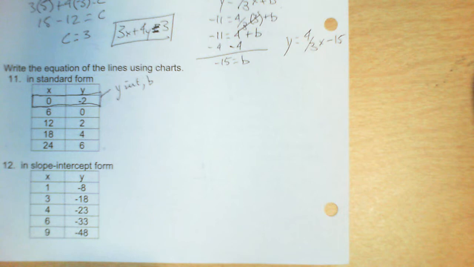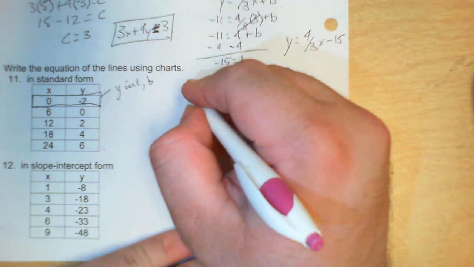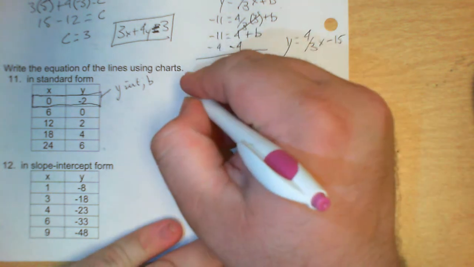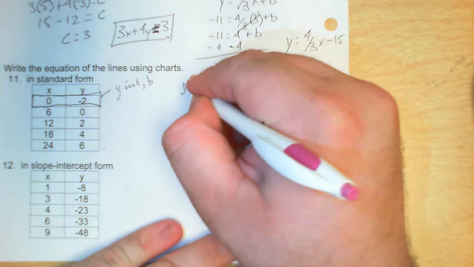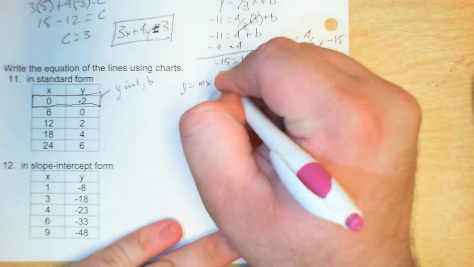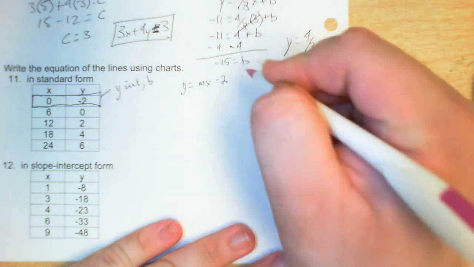So I'm going to write an equation, and I typically tend to end up using the slope-intercept form of a line, because that's just easier for me. So it's going to be y equals m, I don't know what m is, x minus 2.